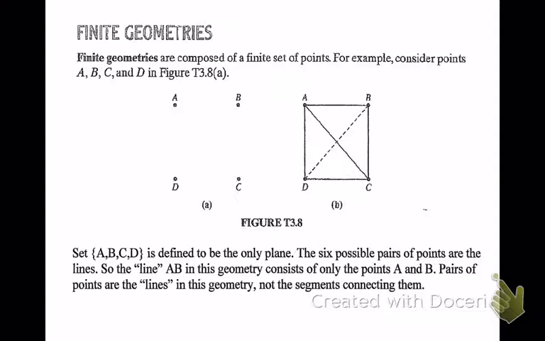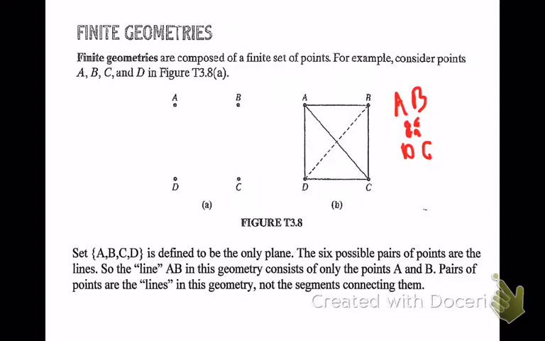So that plane is made up of 4 points. There are no other points in the plane. So actually, it'd be more realistic to draw A, B, C, and D all right next to each other. There are no other points in between them. So you can think of it as they're all right there together.